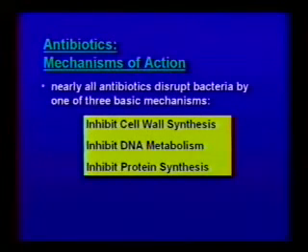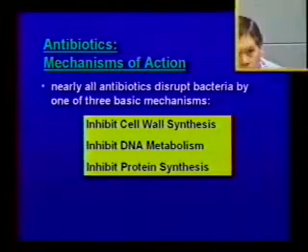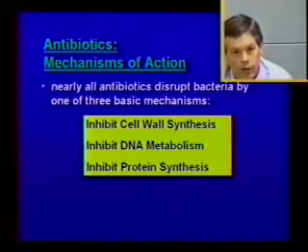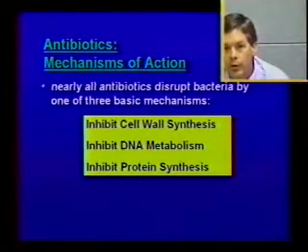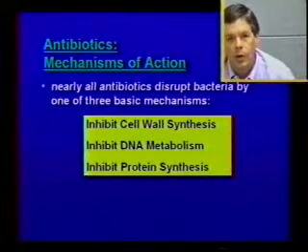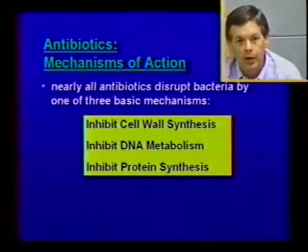Antibiotics generally can be lumped into having one of three types of mechanisms of action. The so-called cell wall synthesis inhibitors are a major group of drugs. The drugs that interfere with DNA metabolism within microorganisms are a second major class of antibiotic agents.